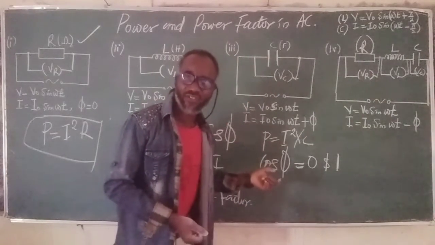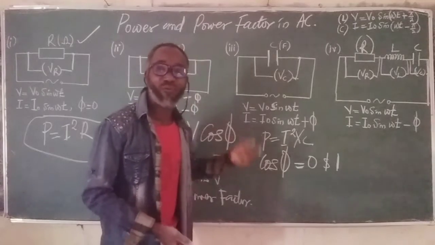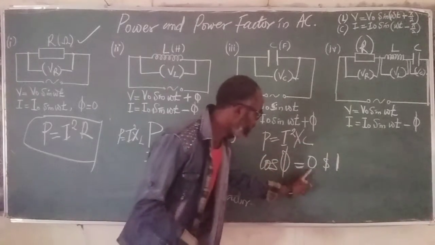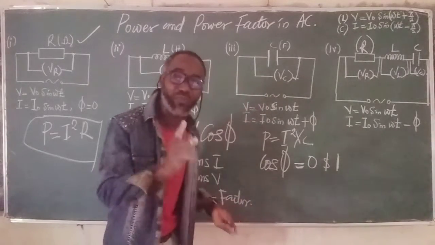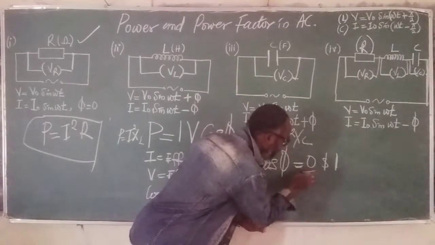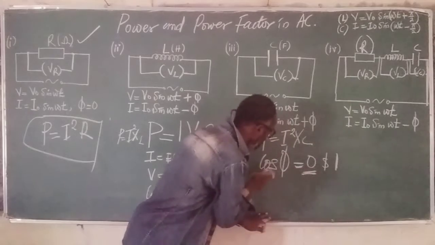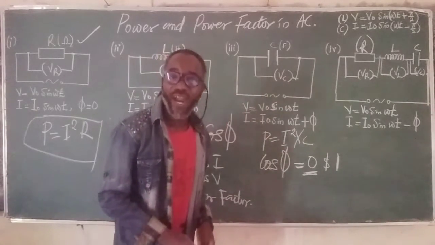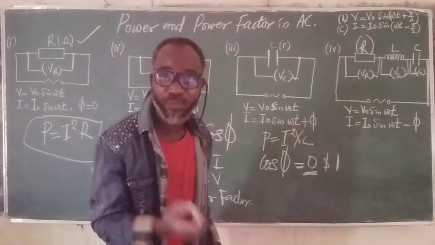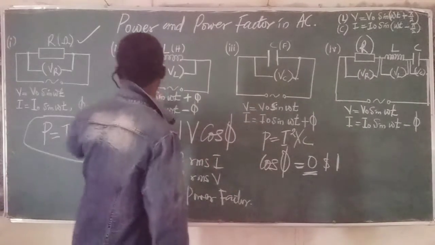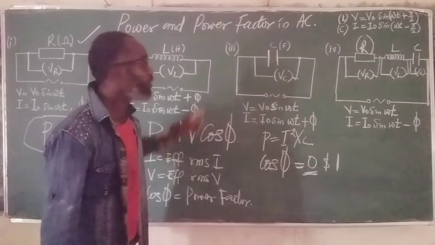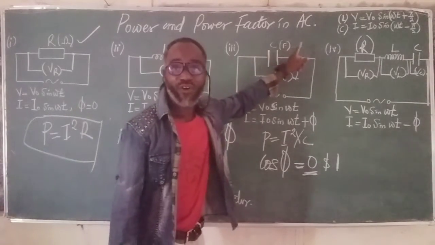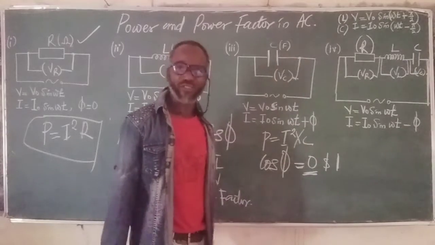A device that has its power factor 0, take notes, that is cos phi is 0, that device is a pure device if its component is a resistance, an inductance or inductor, or a capacitance or capacitor.